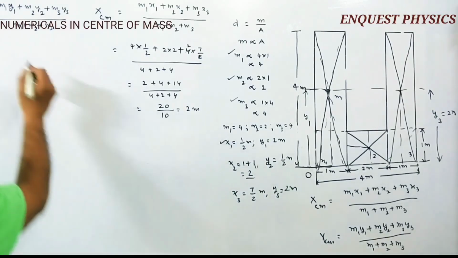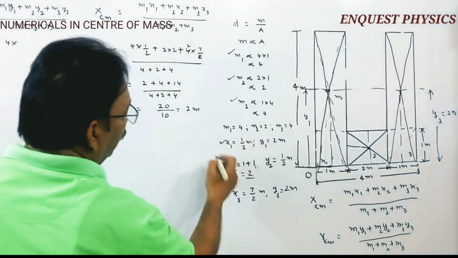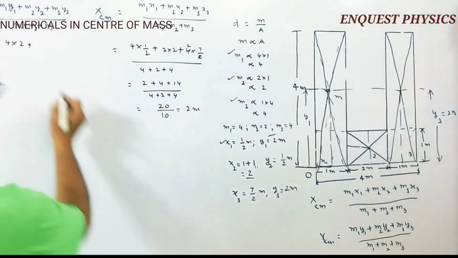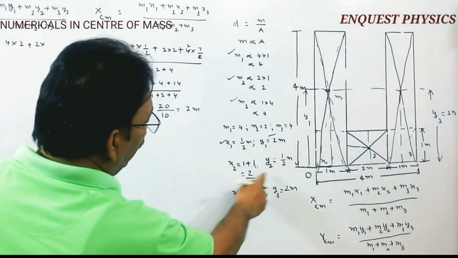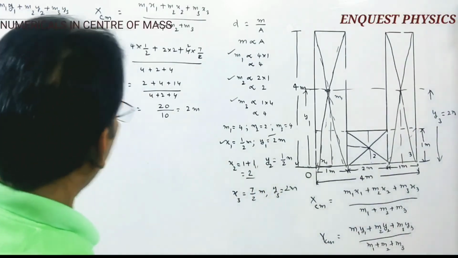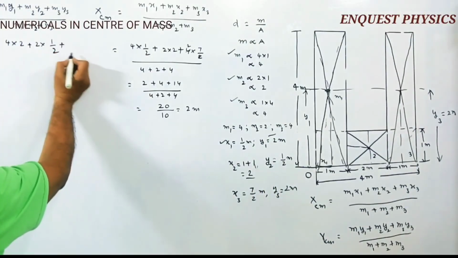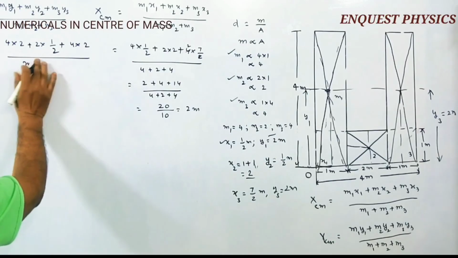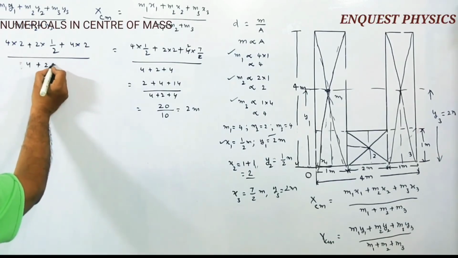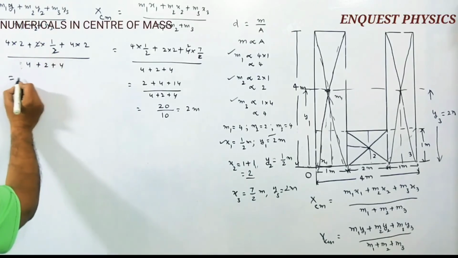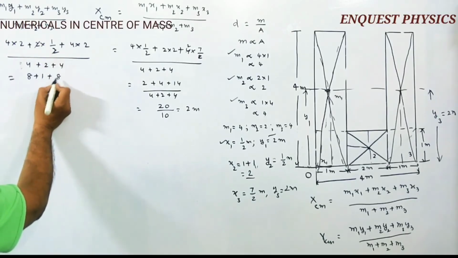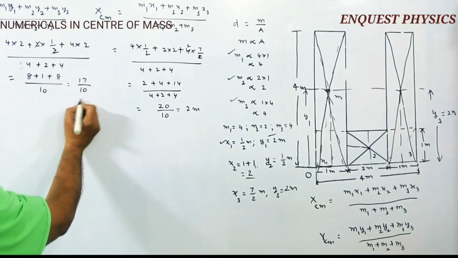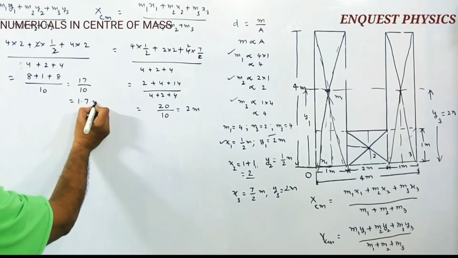Let's substitute the values. m1 obviously it is 4, and take the y1 we have here, it is 2 meter, plus m2 is equal to 2, and y2 we had, it is half, plus m3, same as that, by m1 plus m2 plus m3, means 4 plus 2 plus 4. Here 2 gets cancelled, it is 8 plus 1 plus 8 by 10, 17 by 10 is 1.7 meter.